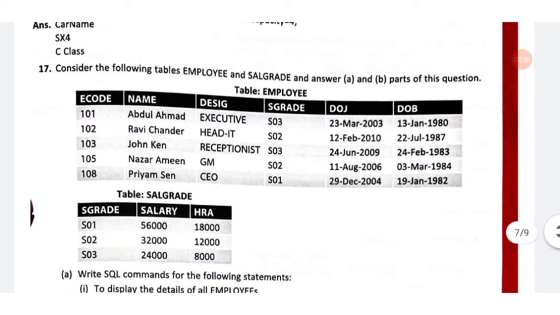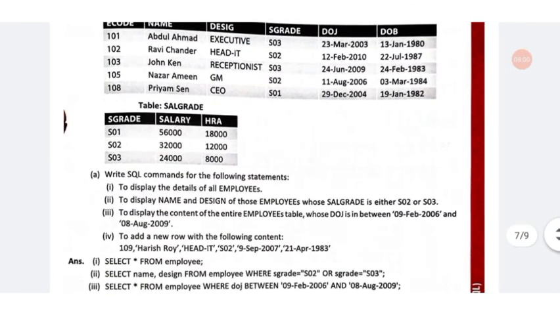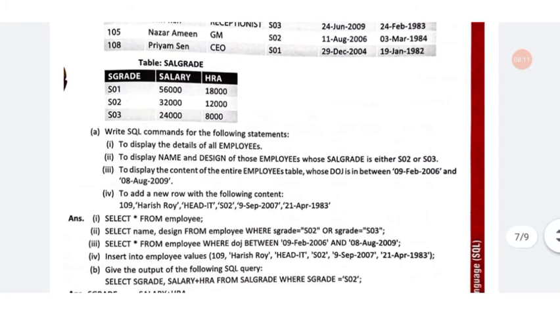We have salary, HRA and S grade, so three columns are there, and in the question we have to display S grade, then the second column is salary plus HRA. So you have to perform an arithmetic operation on these two columns. How will you write this in the select statement?